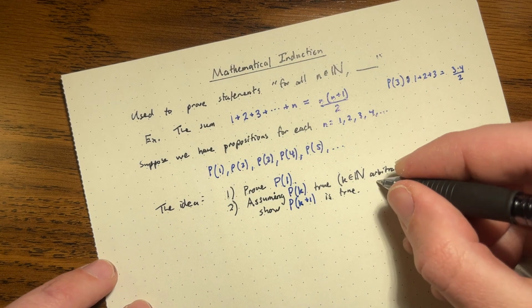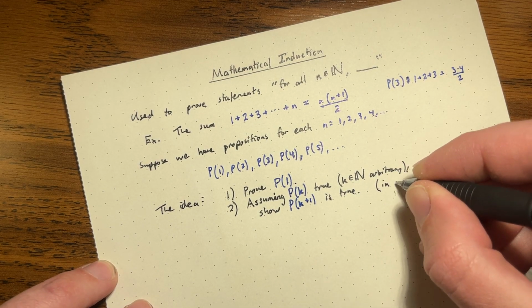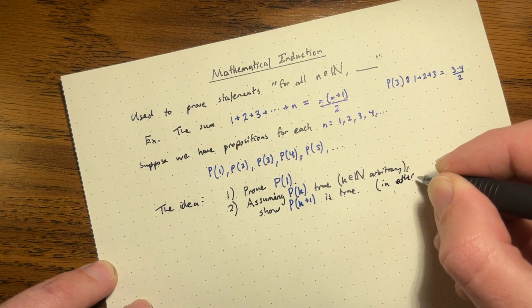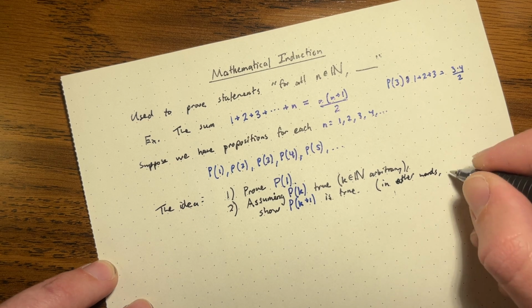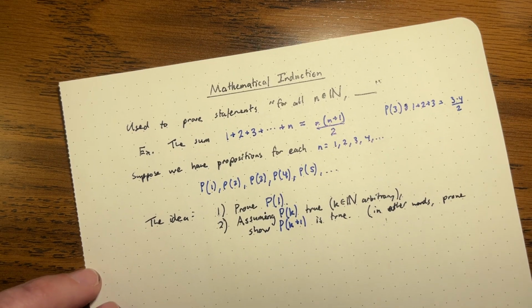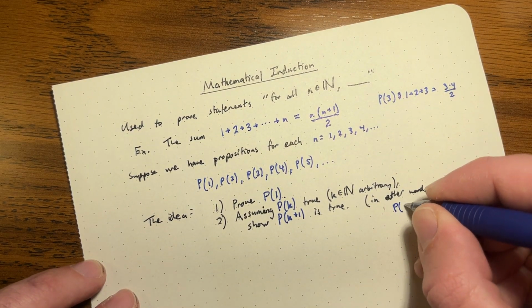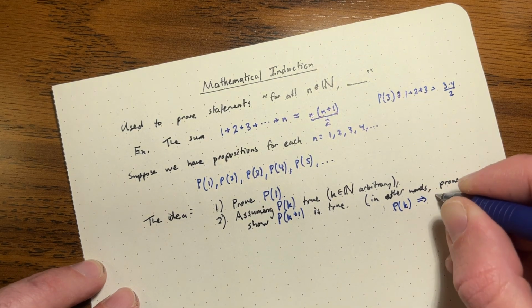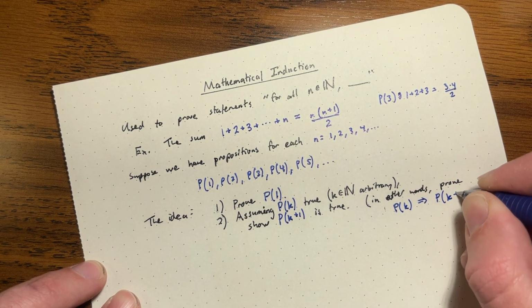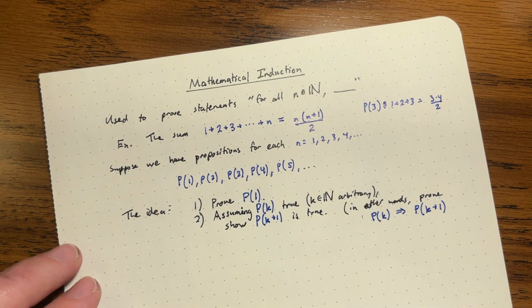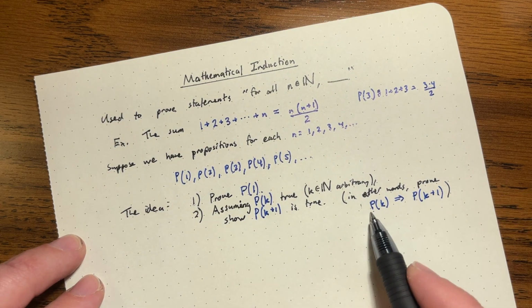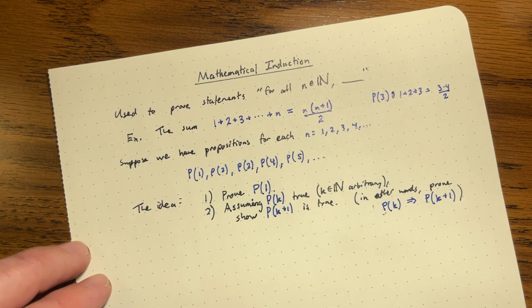So what am I really doing? In other words, I'm proving an implication, right? Prove the implication Pk implies Pk plus 1. That's what I'm really doing. So how do you prove an implication? Well, you assume the hypothesis is true, and then you show the conclusion is true.